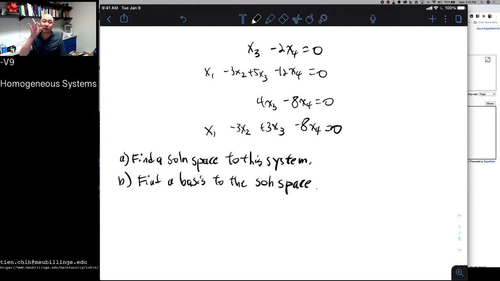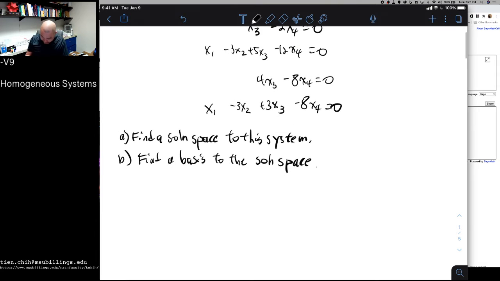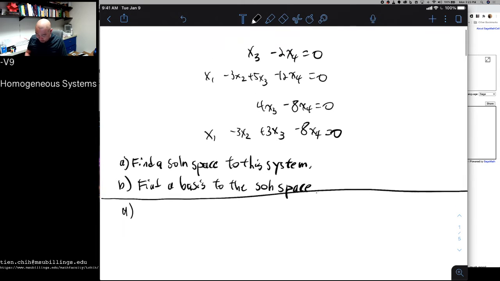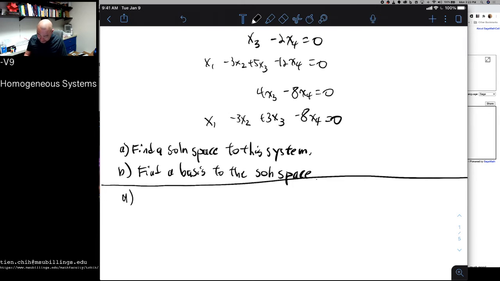Those solutions form a subspace of, in this case, R4, and we want to identify a basis for the solution space. So first things first, what we need to do is to solve this system.